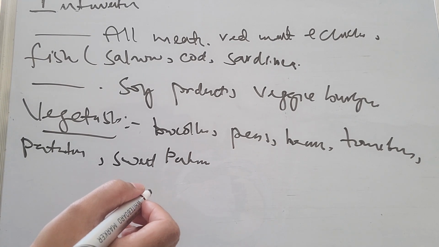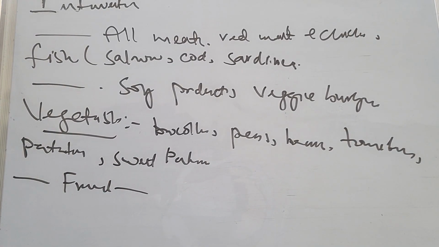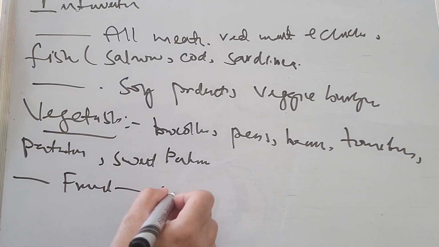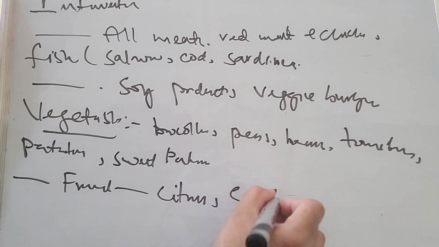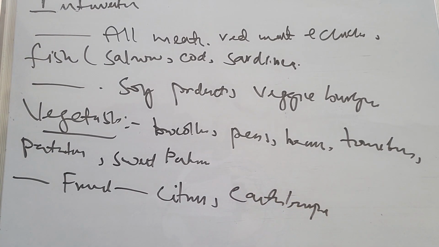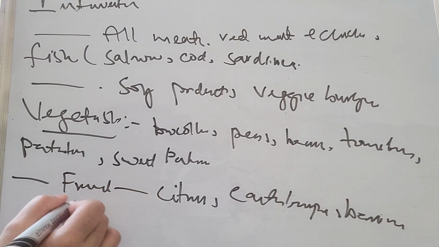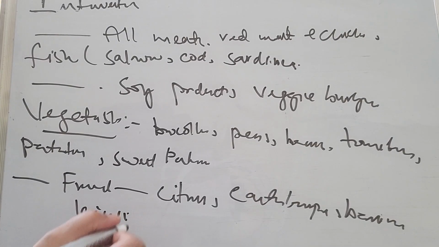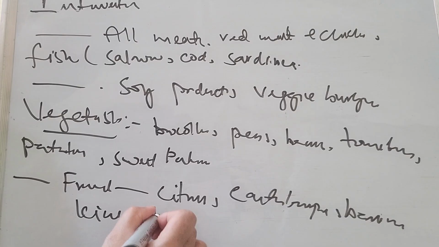And which fruit is good? Fruit containing potassium: citrus, cantaloupe, bananas, kiwi, dried apricot.